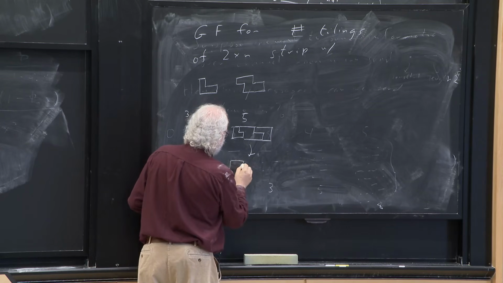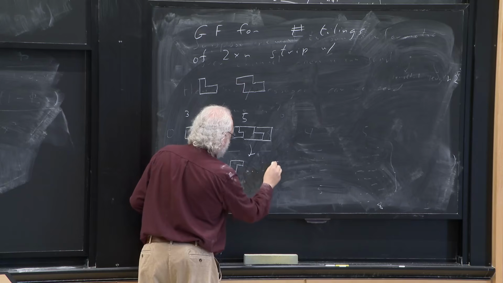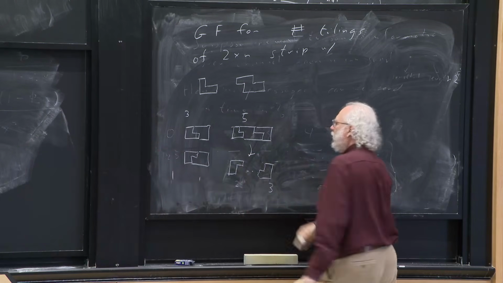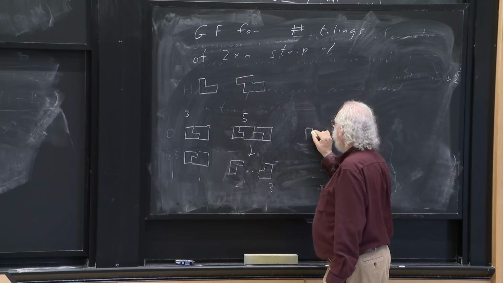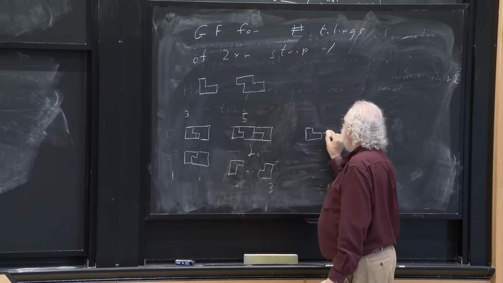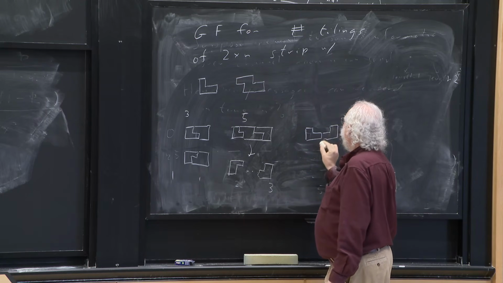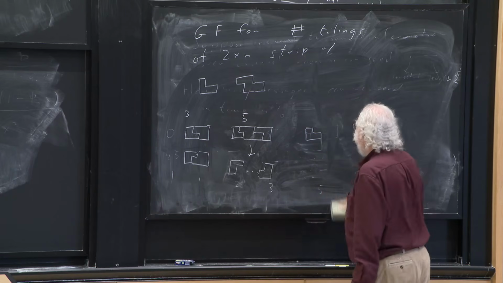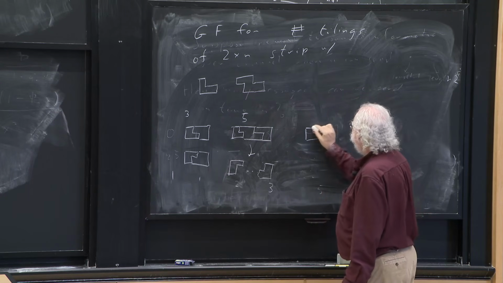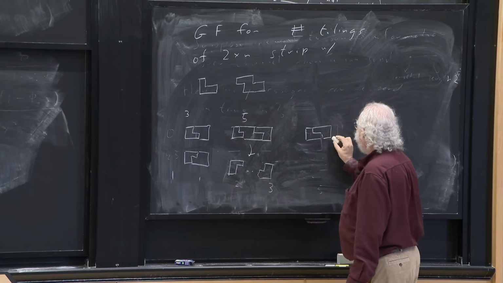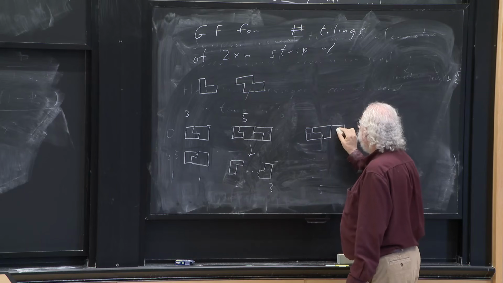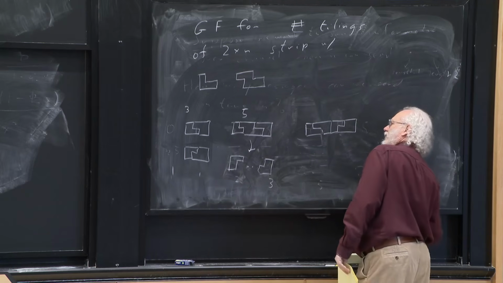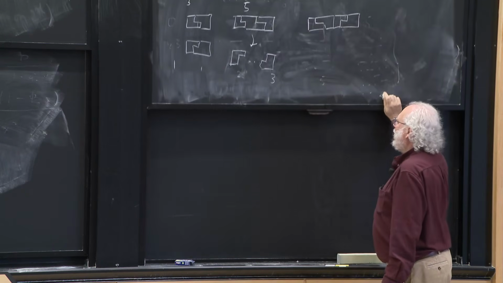I won't draw it. And for 6, what you can get is, I'm doing this wrong. For 6 you can get this, and now you can join another unit of 6. Okay.